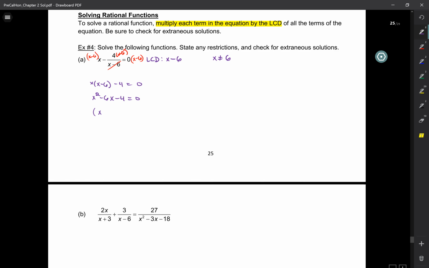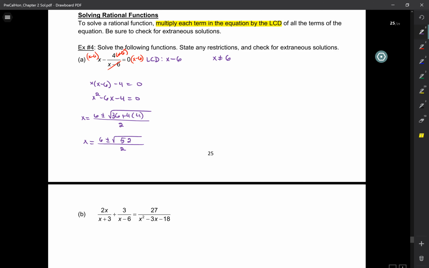So here, can we factor this? I don't think so. So we're going to have to use the quadratic formula. 6 plus or minus the square root of b squared minus 4ac, all over 2. 36 plus 16 is 52, all over 2.